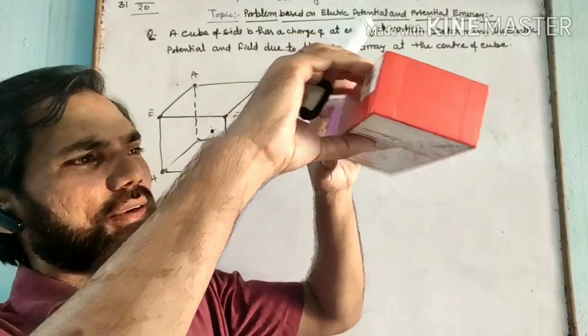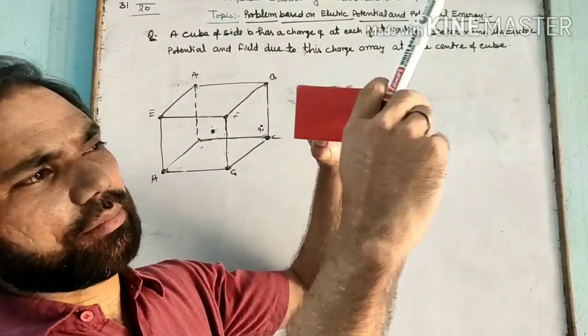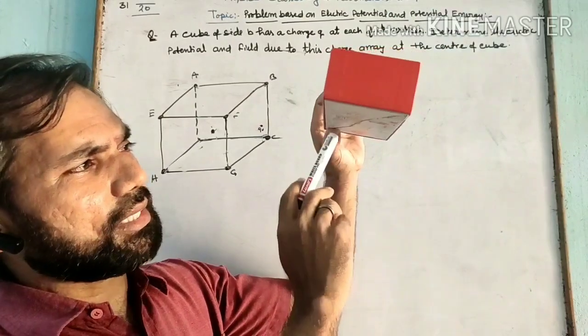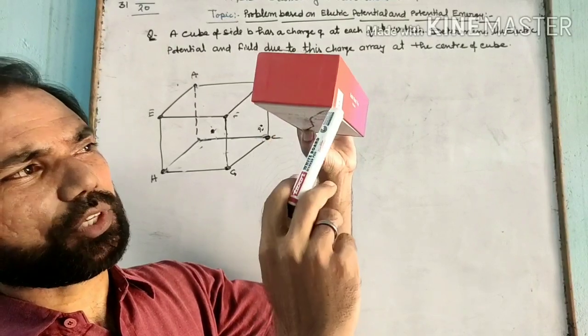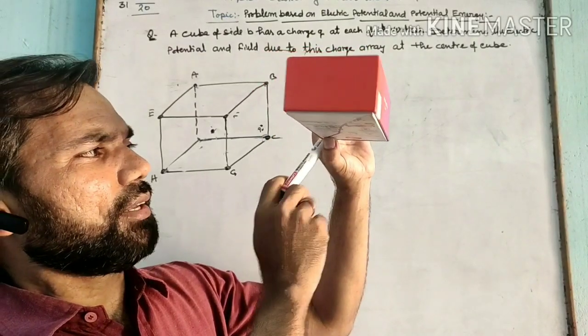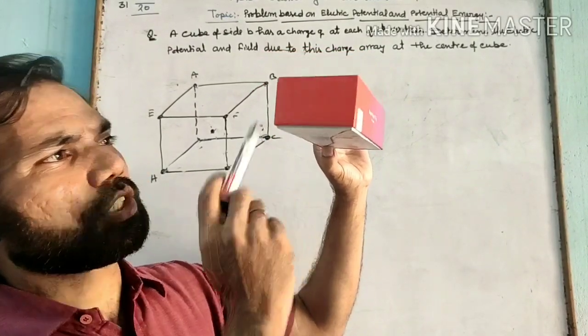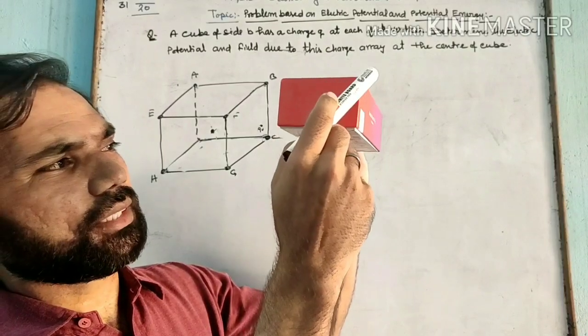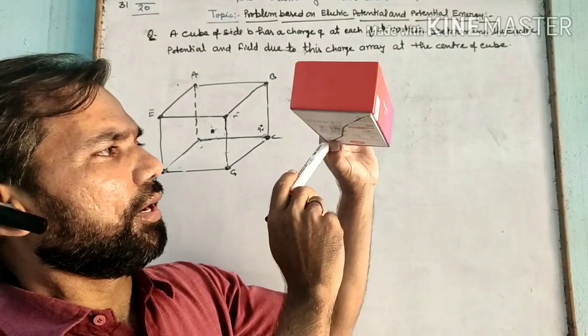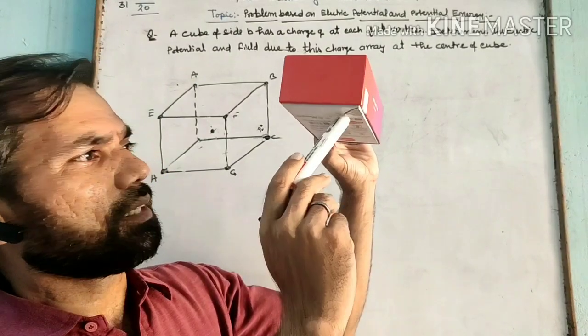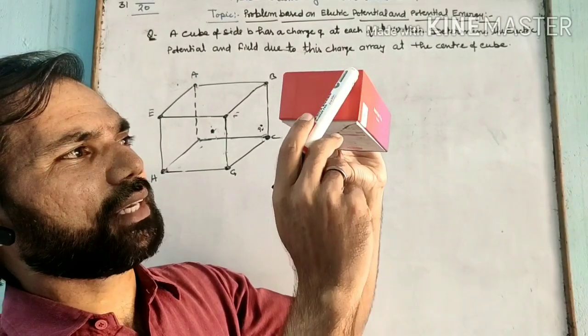And let us see here, this side of the cube and this diagonal of this face are at right angle to each other. And if we join this vertex to this vertex, that is the hypotenuse of the right angle triangle formed by this and this.